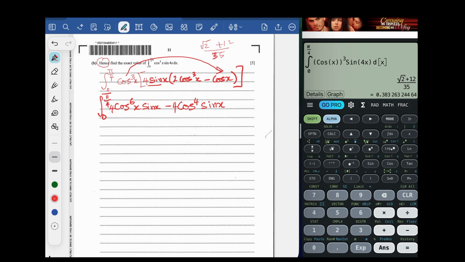Yeah, so this is what we have. So I can integrate it separately: cos^6 x sine x minus 4 cos^4 x sine x with respect to x. All right, now, 1 second, I just check again. Okay, I think this is 8.